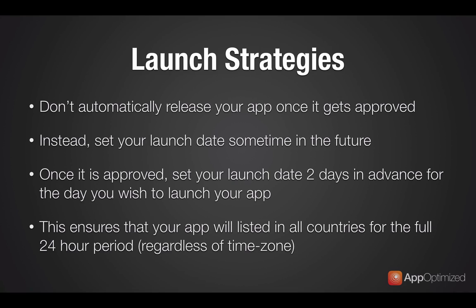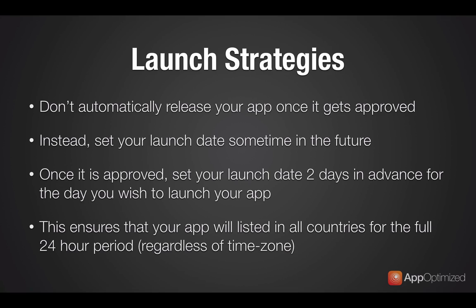As an example, let's say you want to launch your app at midnight Pacific time, which is the same time zone as Cupertino, where Apple is. You would have already missed several other time zones throughout the world and shrunk your window of that day being in the app stores for those countries. You don't want to miss that time because that is precious time.